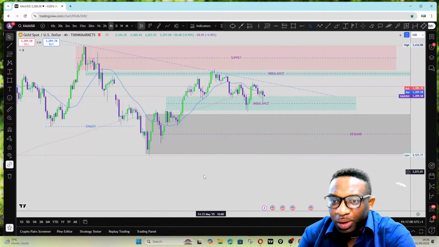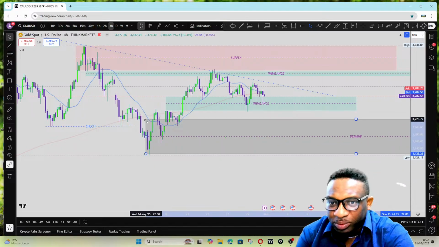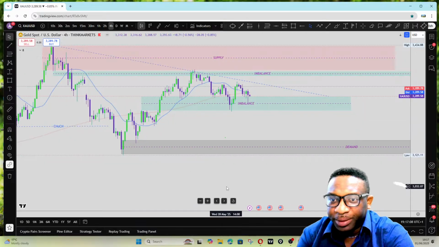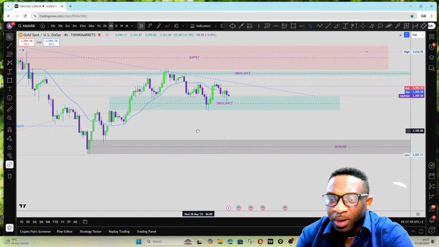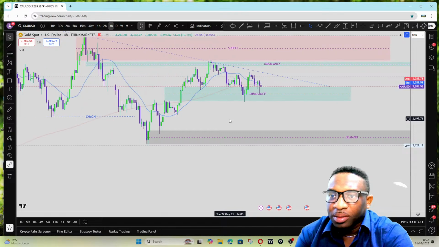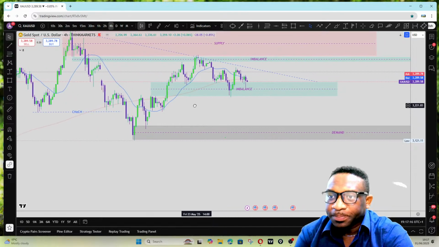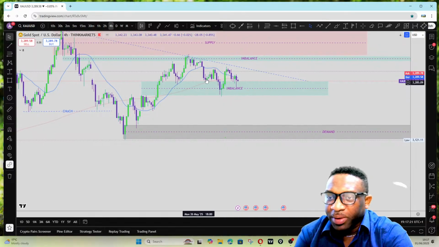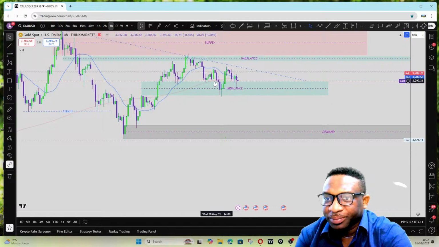On the 4-hour time frame, we will further push this to this area. Currently price is reacting off the daily imbalance area, the top of it.